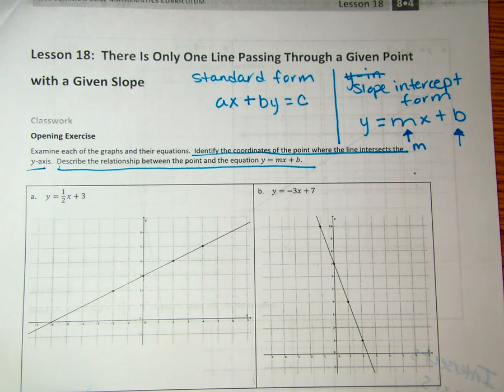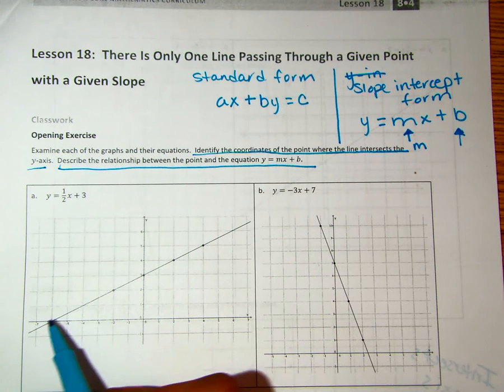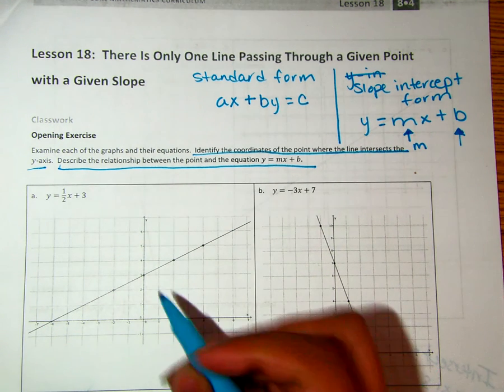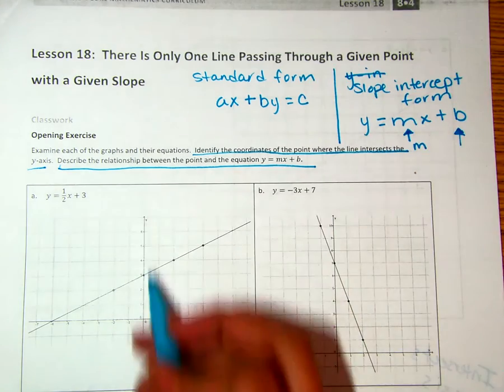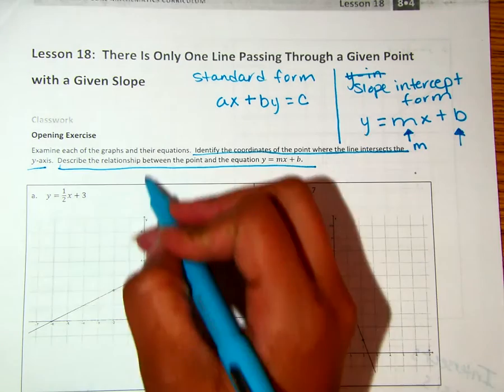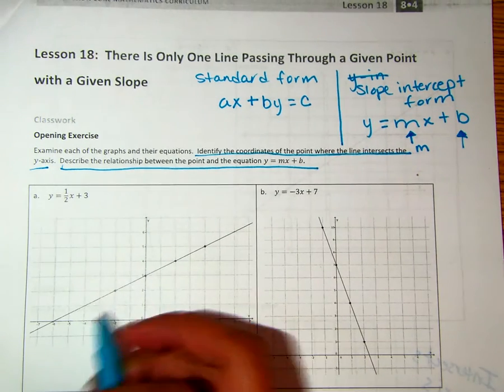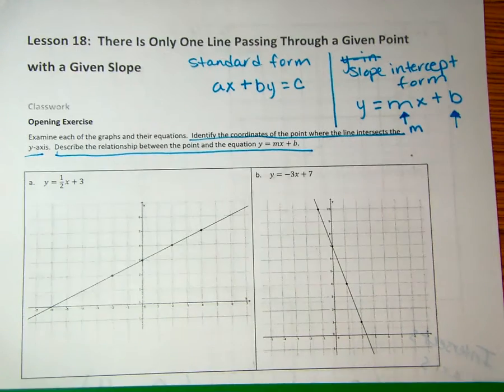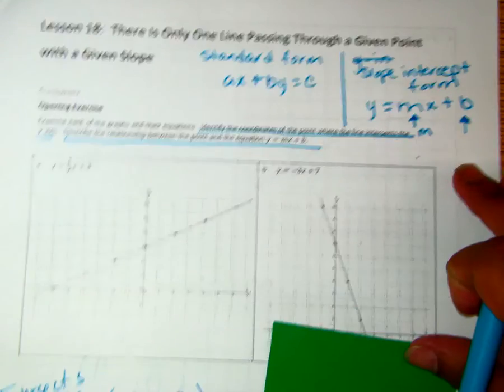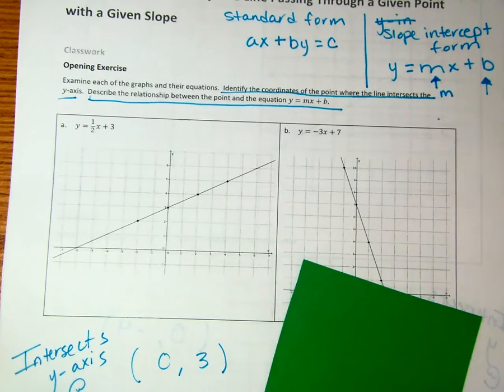So let's do exactly what the questions have asked us to do. Let's identify the coordinates of the point where the line intersects the y-axis. So I'm going to look at my graph in A, and the y-axis is my vertical axis, and I see that this point crosses at an x of 0 and a y of 3.